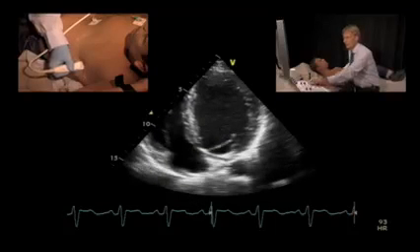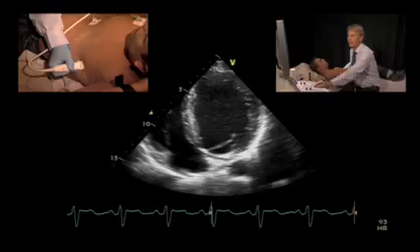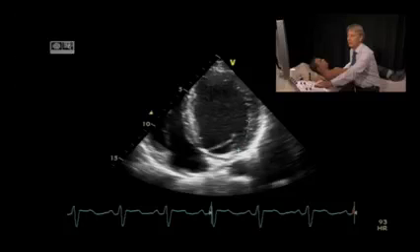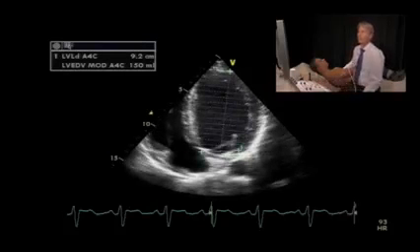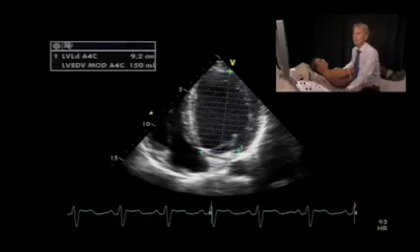We'll calculate the end diastolic volume. We probably have some degree of foreshortening here, so we probably underestimate the true volume of the ventricle. But we do get 150 milliliters, which means that the patient has at least a moderately dilated left ventricle.